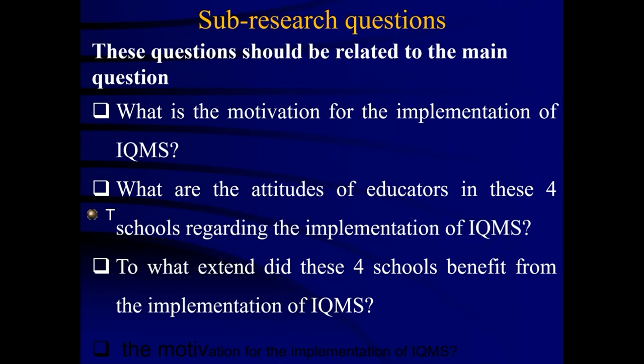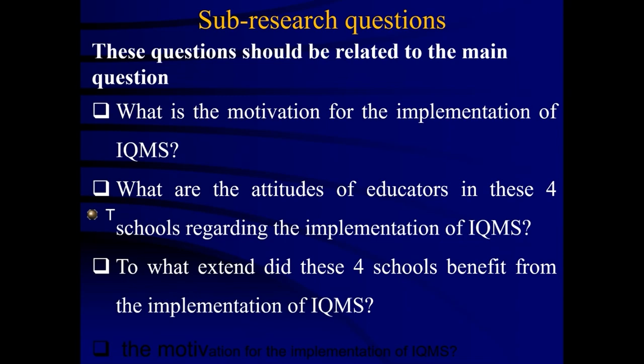Then from there, you have to come up with the sub-research questions that support your main research question. So the first sub-research question here will be, what is the motivation for the implementation of IQMS? The second one, what are the attitudes of educators in these 4 schools regarding the implementation of IQMS?